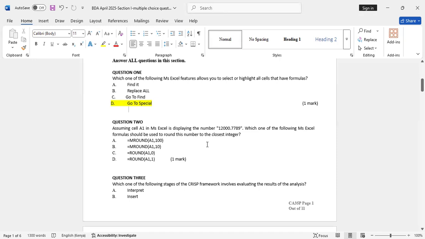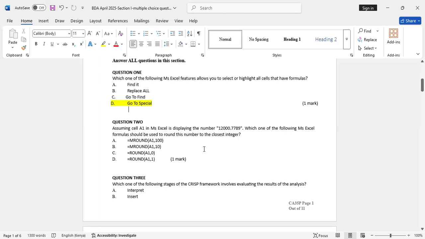So A, we have equals MROUND(A1, 100). B, equals MROUND(A1, 10). C, ROUND(A1, 0). D, equals ROUND(A1, 1).